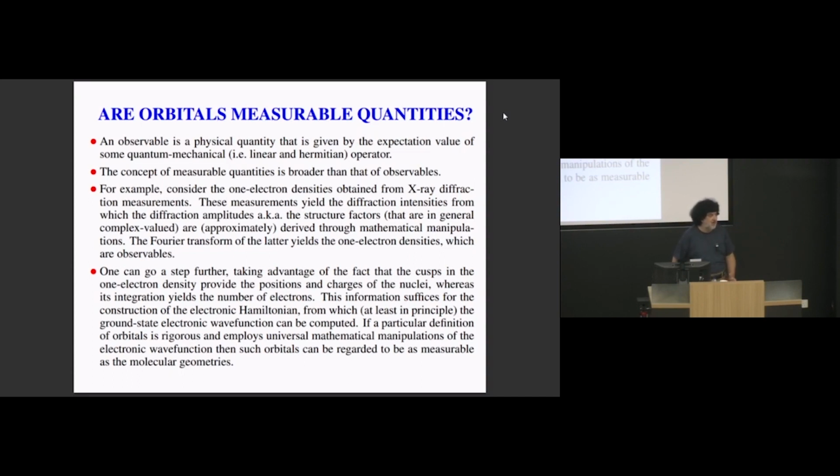Not only are we recovering the phases from the measurement and doing Fourier transform, but what prohibits us from going further and, from electron density, figuring out positions and nuclear charges of nuclei, and also, from integration of density, the number of electrons, and that gives us the electronic Hamiltonian, and that gives us the wave function, and that gives us orbitals? So, are orbitals measurable quantities or not? Well, it's for you to answer according to your personal taste, so to speak.